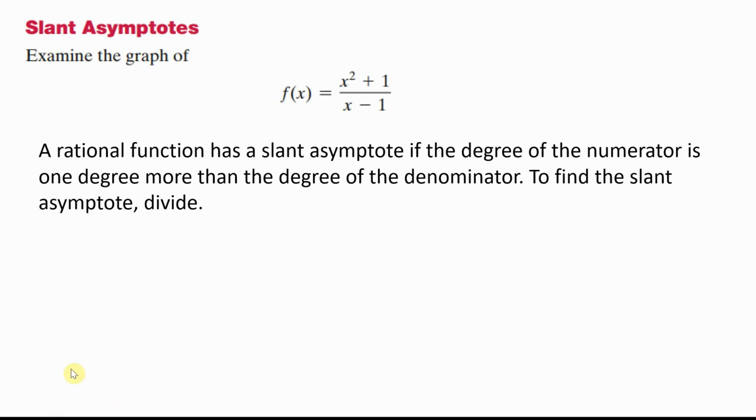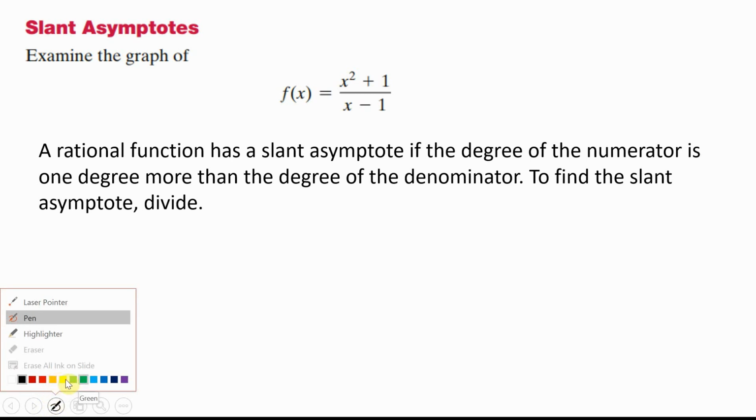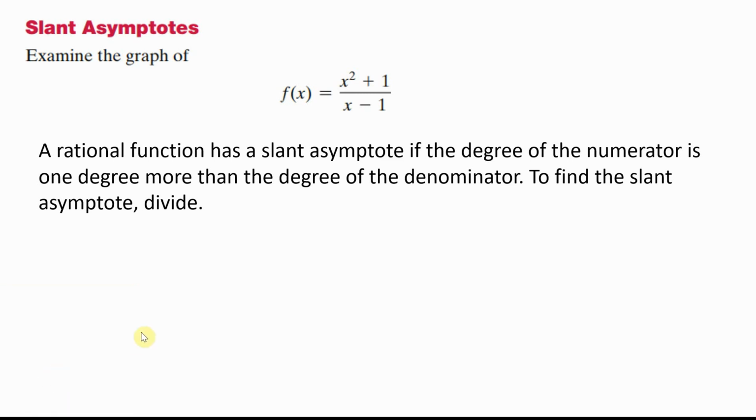This idea of the slant asymptote: if the degree of the numerator is 1 degree more than the degree of the denominator, then you have what's called a slant or slanted asymptote. And what is it?